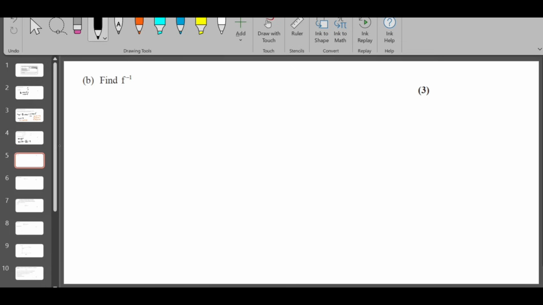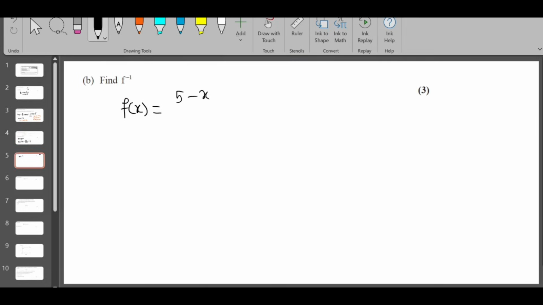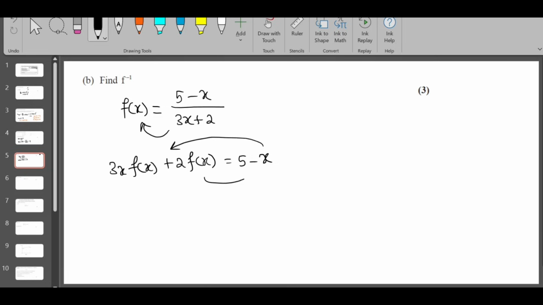Find f inverse. Let's write f of x first, which is 5 minus x divided by 3x plus 2. Make x the subject. Bring it here, you will get 3x f of x plus 2 f of x is equal to 5 minus x. Bring the minus x this side, this to the other side. 3x f of x plus x, we are trying to make x the subject, equals 5 minus 2 f of x.